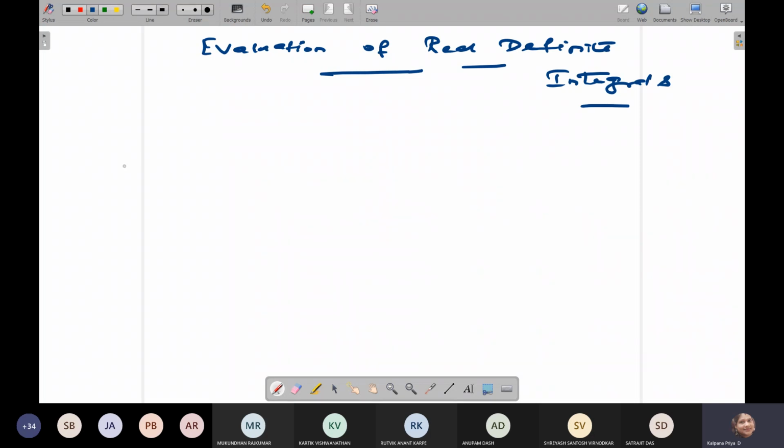Under evaluation of a real definite integral, type 1 is integration around the unit circle.